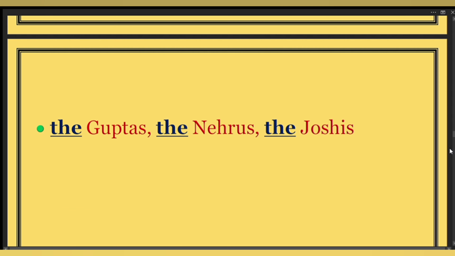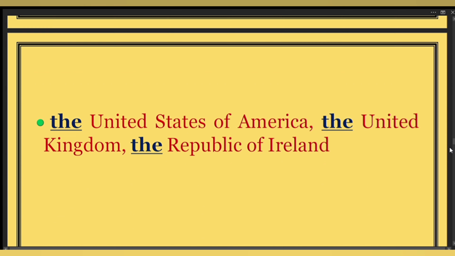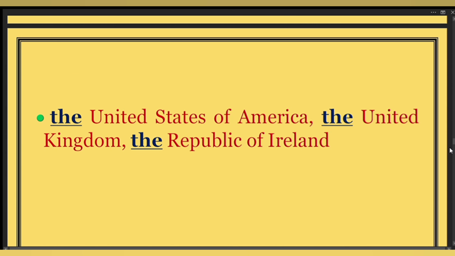Now, before the names of families, the family's name is always in the plural. For example, the Guptas, the Nehrus, the Joshis. Then, before the names of countries that include words like union, republic, kingdom, and states.